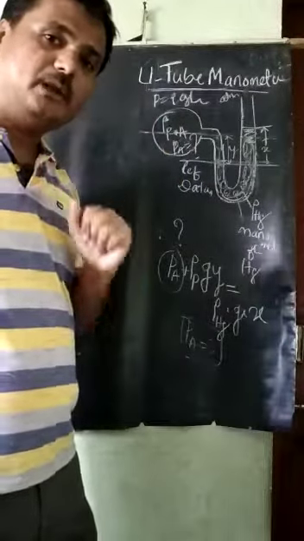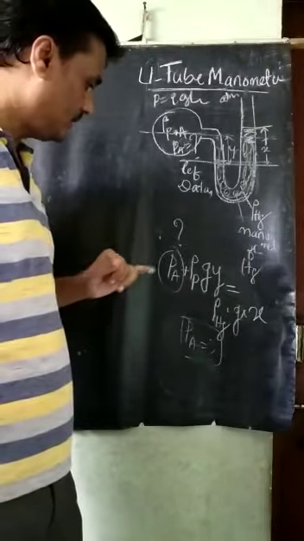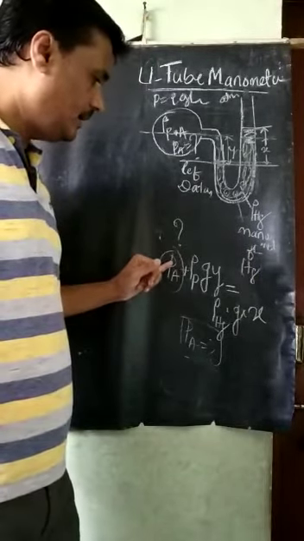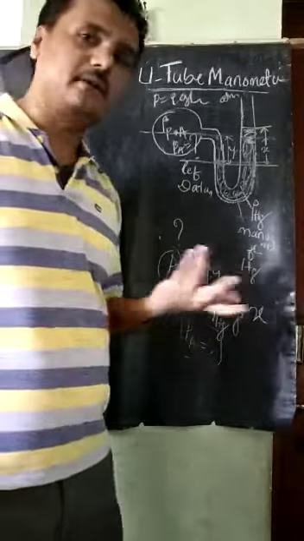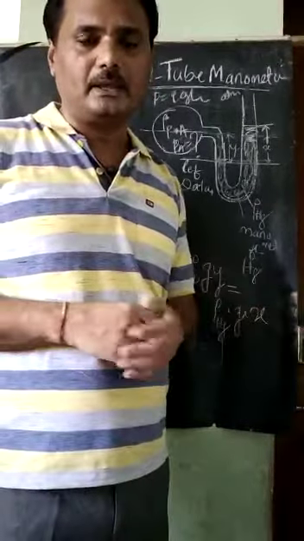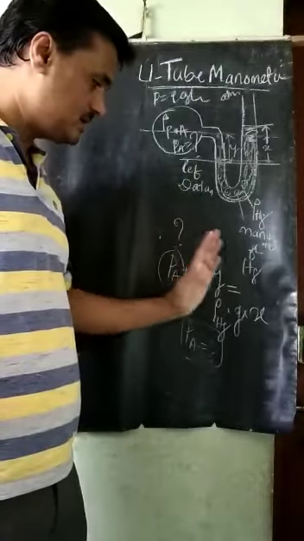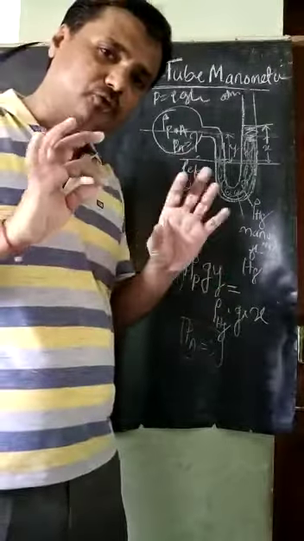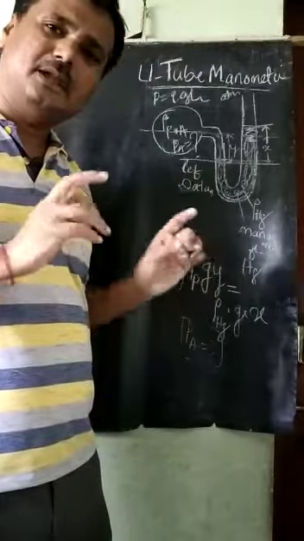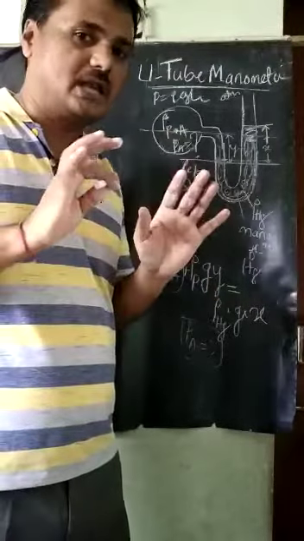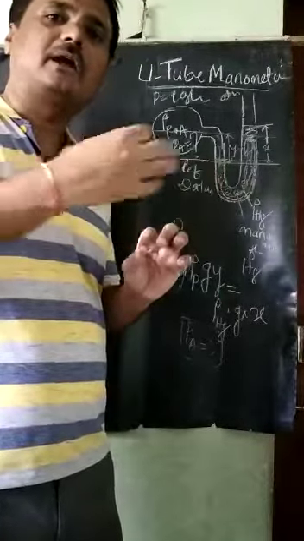Sometimes in some numericals they will give PA and ask for the value of Y or X. In that case, we write the balance equation as it is, see which is unknown, keep it as it is, and then find out that unknown.